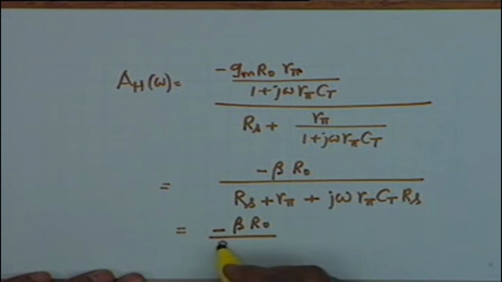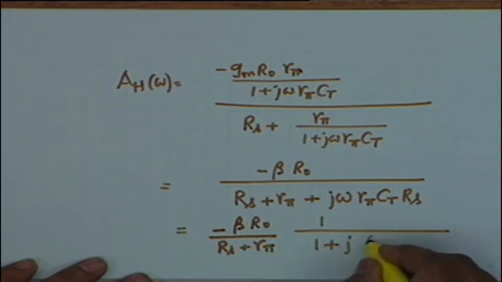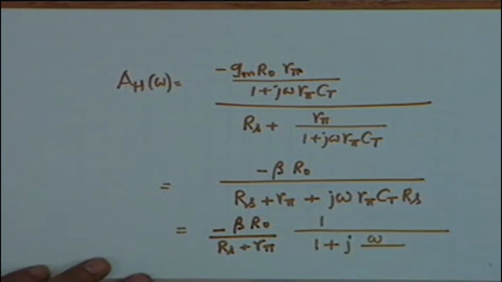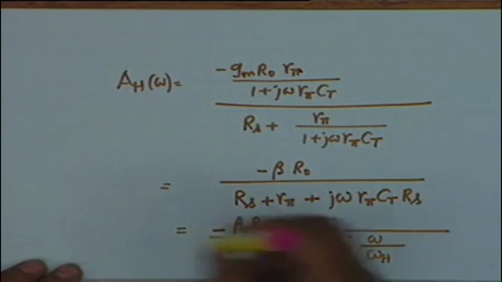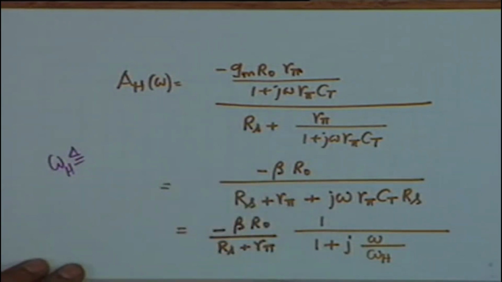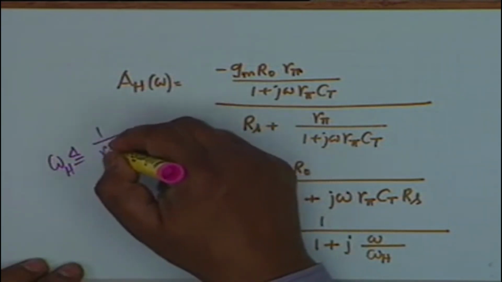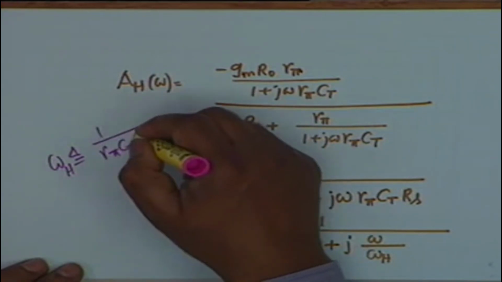You see, my purpose is to bring the mid-band gain in some manner or other. Mid-band gain is minus beta R0 divided by Rs plus R pi, and this I can write as 1 plus j omega by omega h, where omega h is defined as what? 1 by R pi Ct Rs.